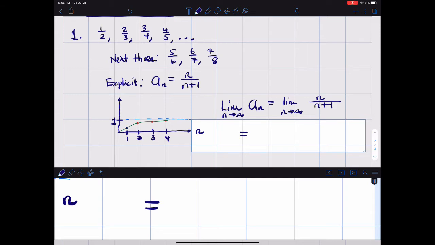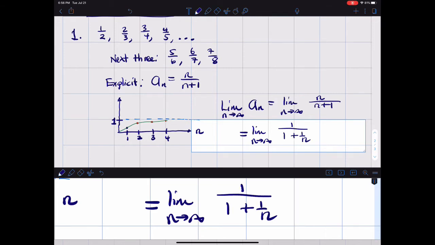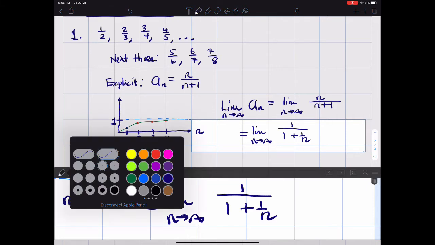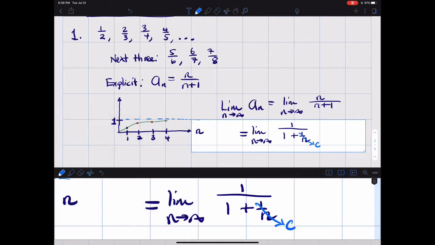But if you want to do more, you can rewrite this as the limit as n goes to infinity and divide the top and the bottom by n. If you divide the top by n, you get 1. The bottom, you get 1 plus 1 over n. And as n goes to infinity, this just goes to 0. So you're left with 1 over 1.